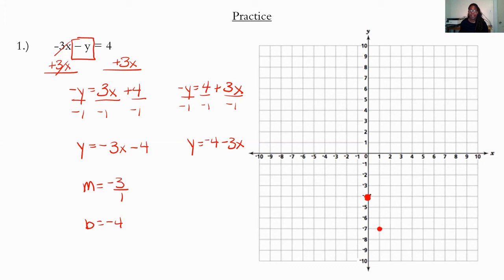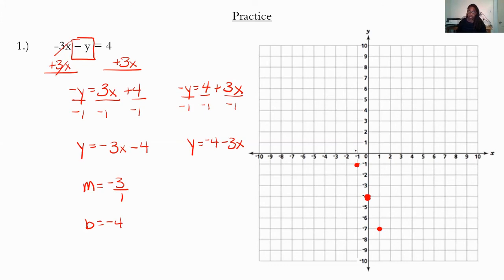Or, starting at my y-intercept, I could go up 3, 1, 2, 3, but go to the left 1, since it was a negative 1. Oh, so it doesn't matter. If I went up, I have to go to the left if it's a negative slope. If I went down, the negative's already taken care of. That means I have to go to the right for the other direction, all right?